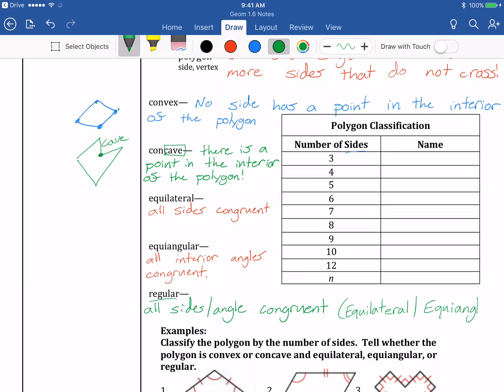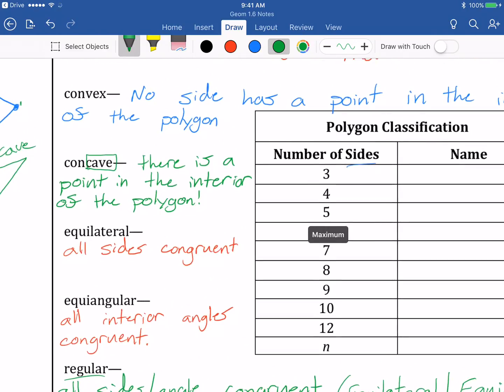And that should be a U there. So if it's both of those, then it's a regular polygon. All right, so good. Those are the definitions there. We're going to use those a little bit today in these notes.